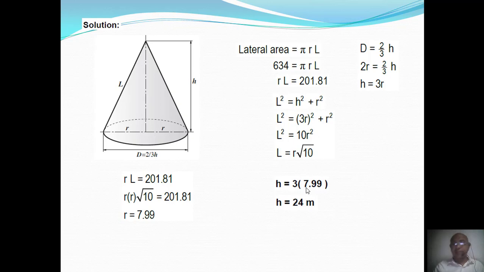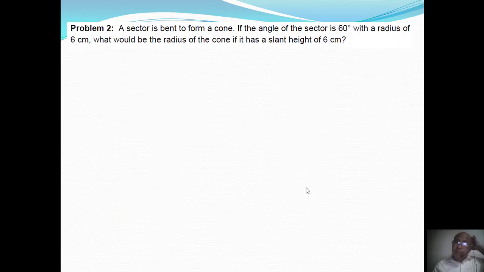Okay. Next, we have here a sector that is bent to form a cone. If the angle of the sector is 60 degrees with a radius of 6 centimeters, what would be the radius of the cone if it has a slant height of 6 centimeters?